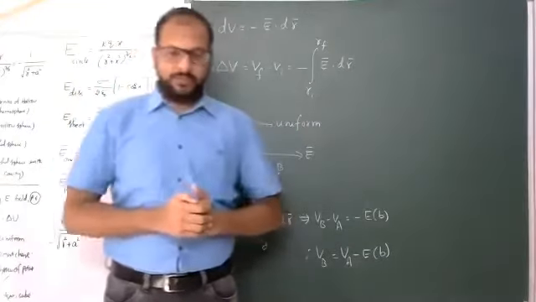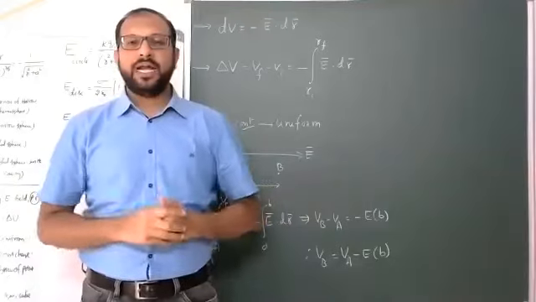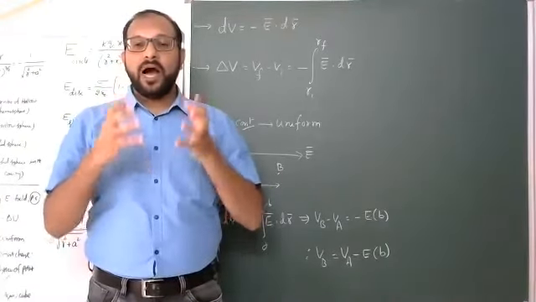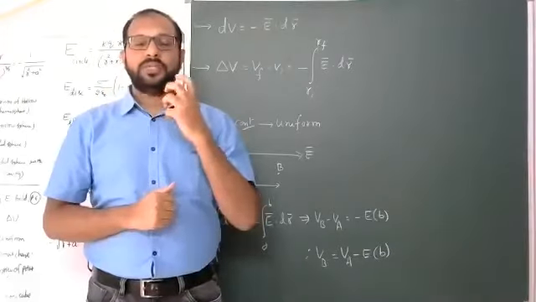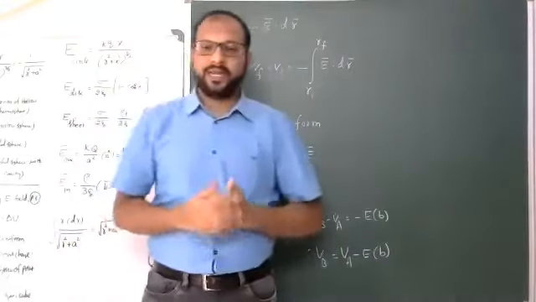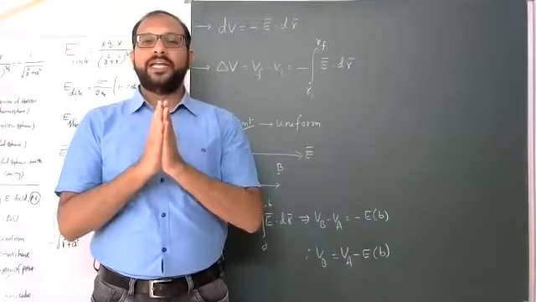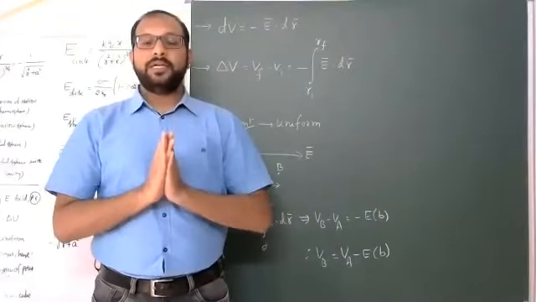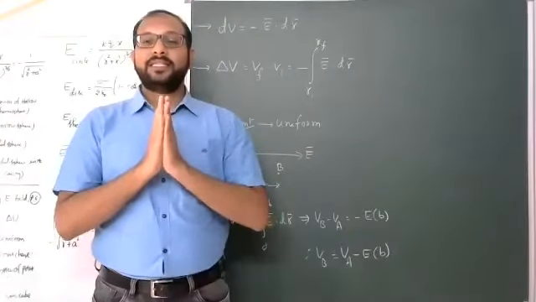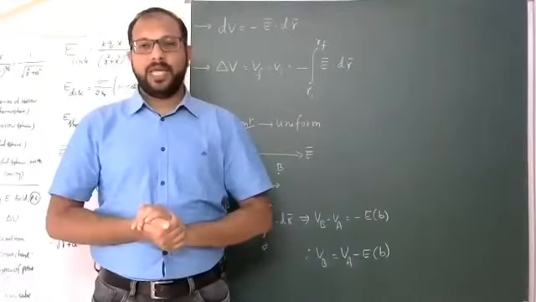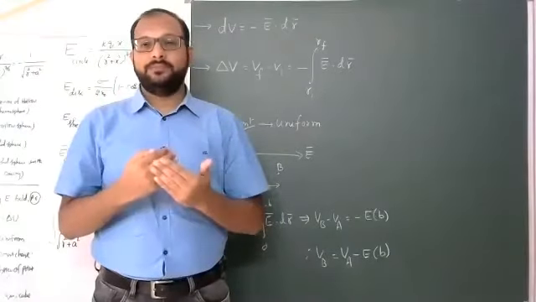Okay, students, now how is this electric potential defined first? I am going to explain carefully. To understand the strength of electric potential, consider how much work we need to do.